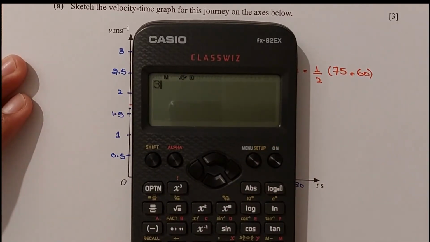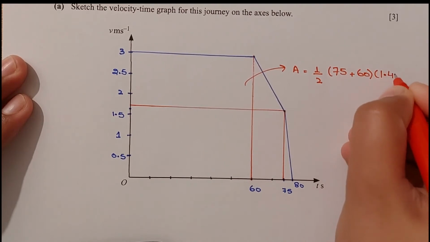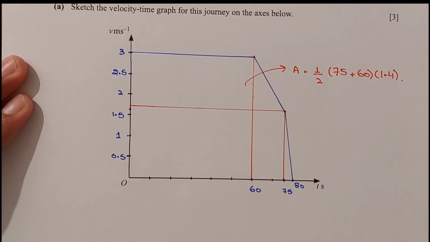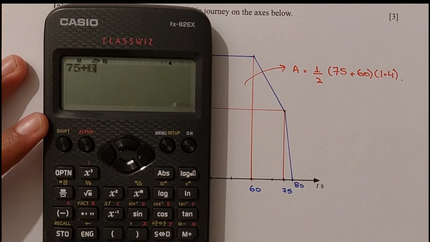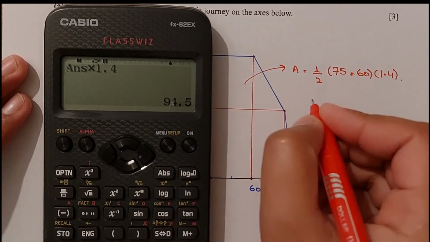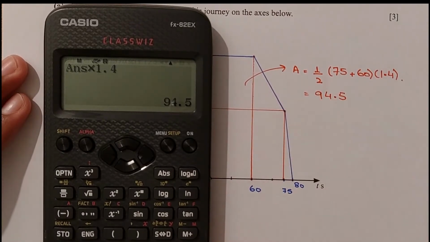So 3 subtract 1.6, this is 1.4, right? So let me simplify the first area. 75 plus 60 divided by 2 times 1.4. This area is equal to 94.5, right?